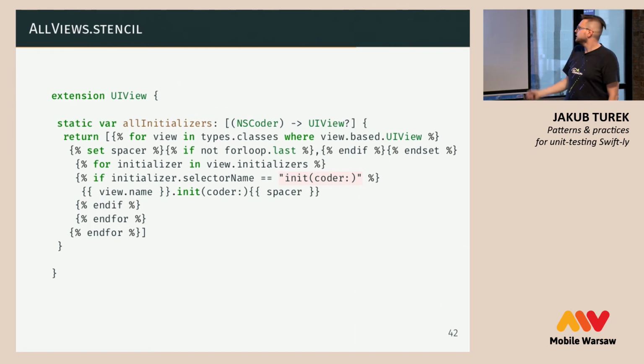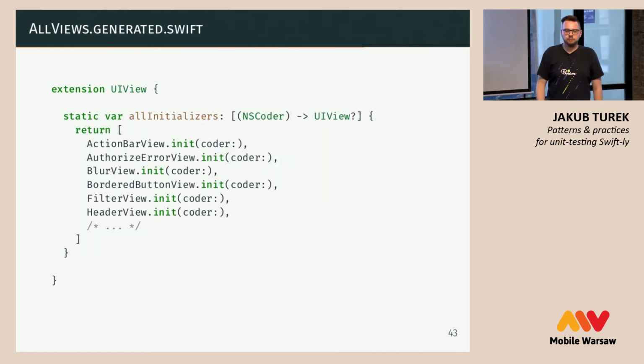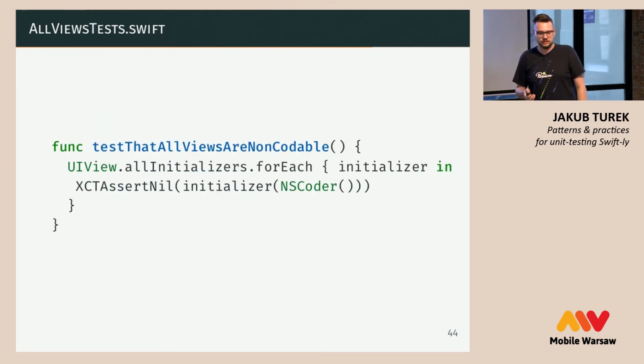And if the view contains an initWithCoder method, we just append it to an array. What happens is that this is the output. So you have an array with all the initializers from all the views in your test target. And you can write a test that checks whether every initializer you have in the target, when you pass any instance of NSCoder, will return nil. And this is what you want to do, really, if you are not using Interface Builder.